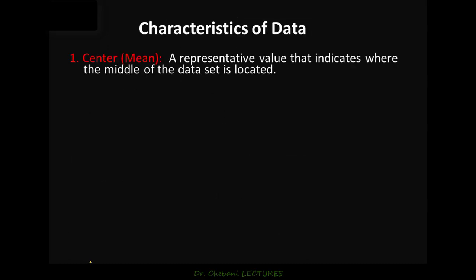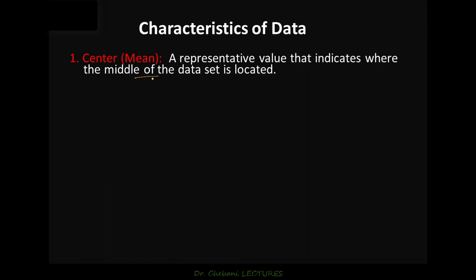Okay, so in dealing with data, it is important, especially for descriptive purposes, to be able to look at 5 characteristics and be able to talk about those characteristics. The first one here is the center of the data. What we mean by center is a representative value that indicates where the middle of that data set is, right?